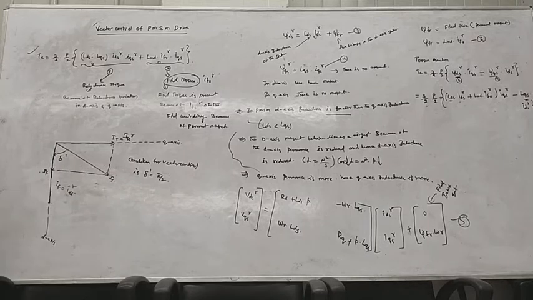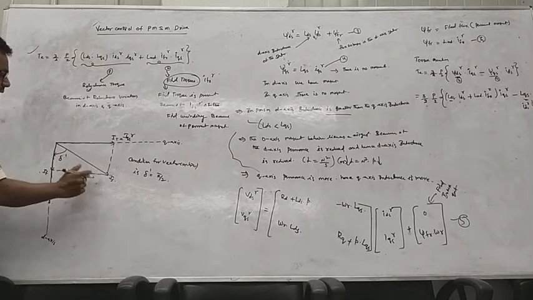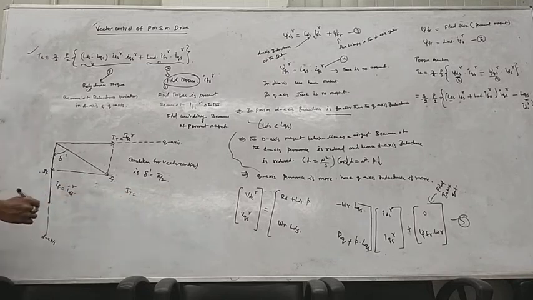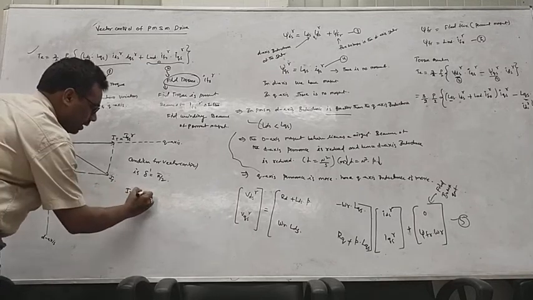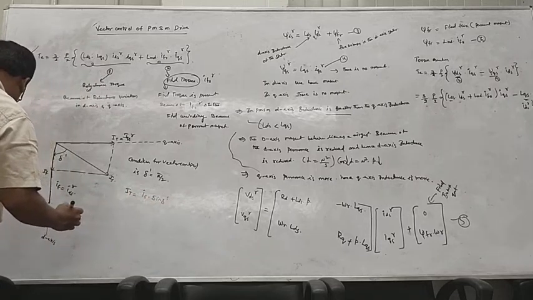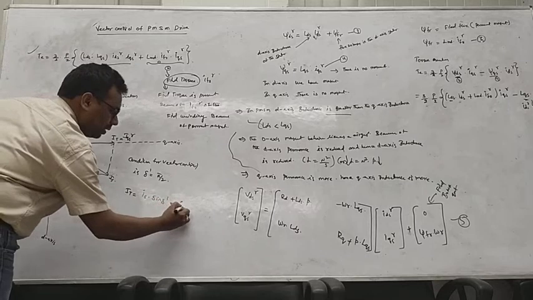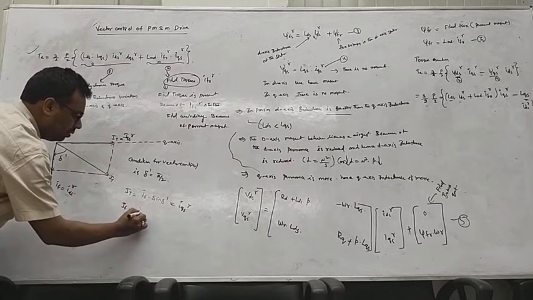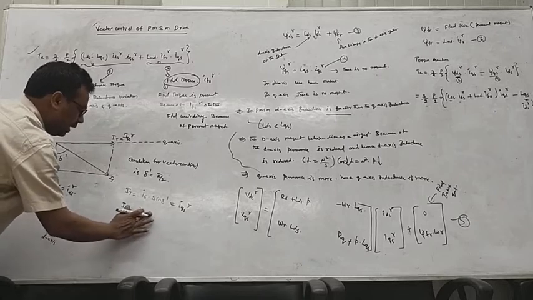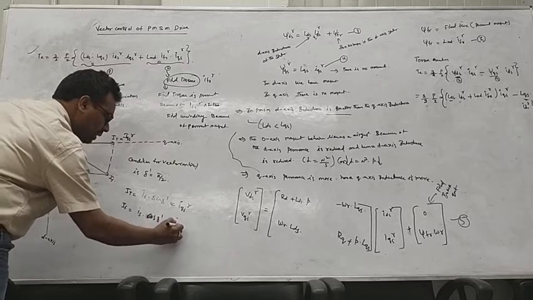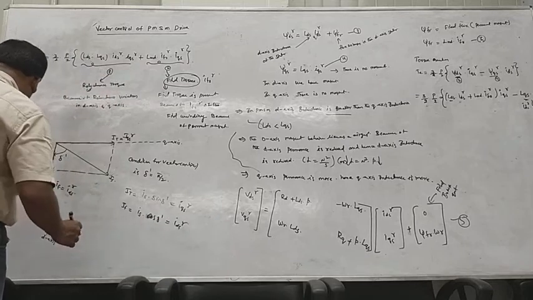Now we write the expressions for the components. IT, the torque component of current, is equal to IS into sin delta prime, that is IQS R, and IF is equal to IS into cos delta prime, that is IDS to the power of R.